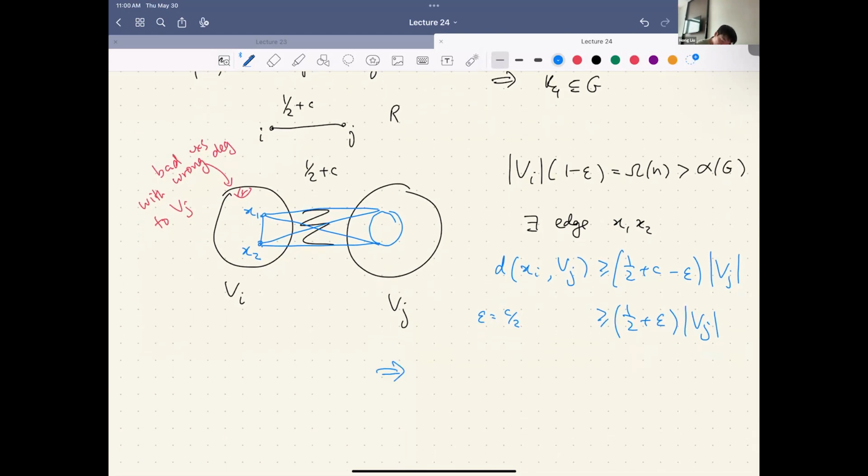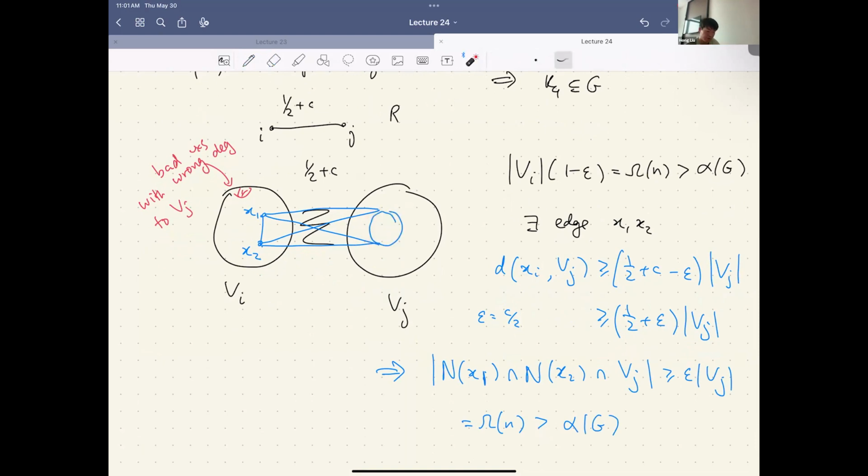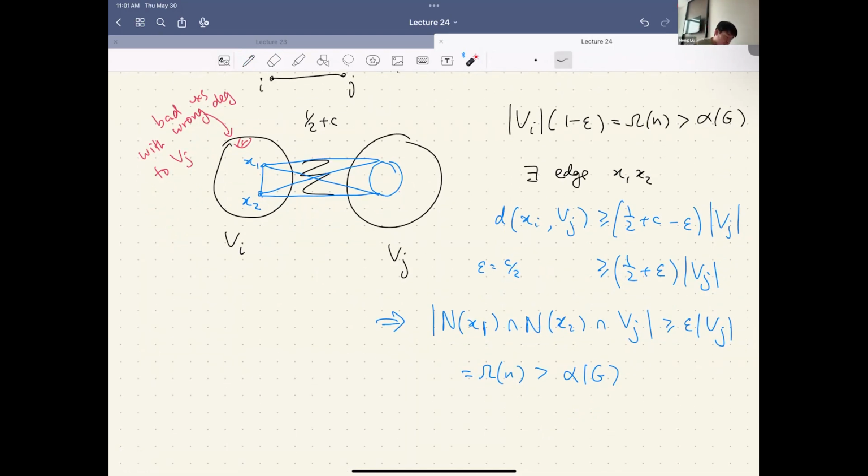This implies that this size is at least epsilon |Vj|, which is linear in N, larger than alpha(G). Alpha(G) is sublinear in N. Okay, they have linear size neighborhood, meaning there's an edge inside. Done. You get K4, which plus x1, x2, you get K4. Finishing the proof. Any question?